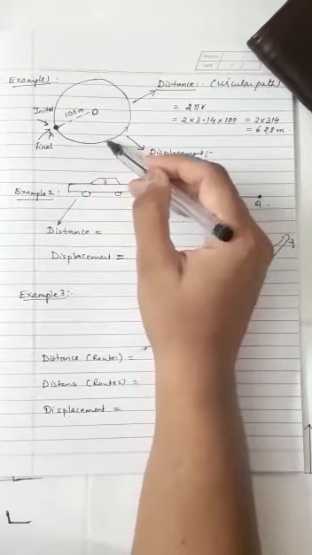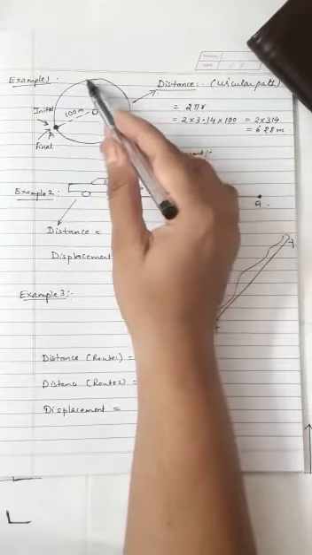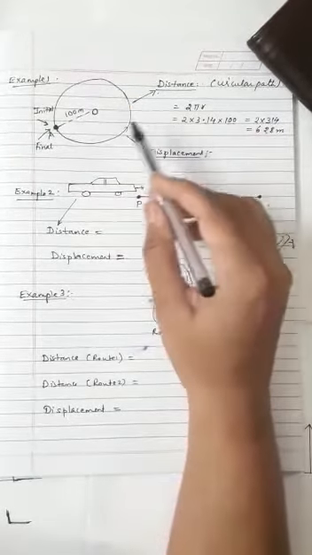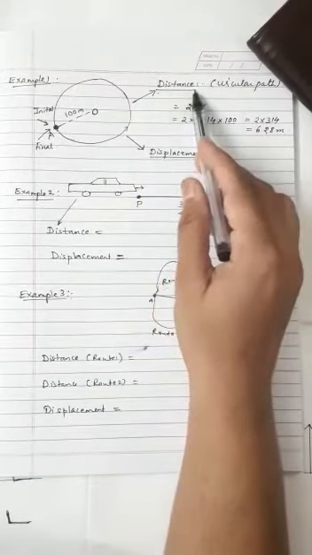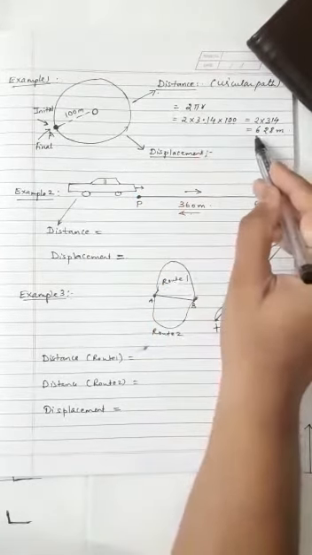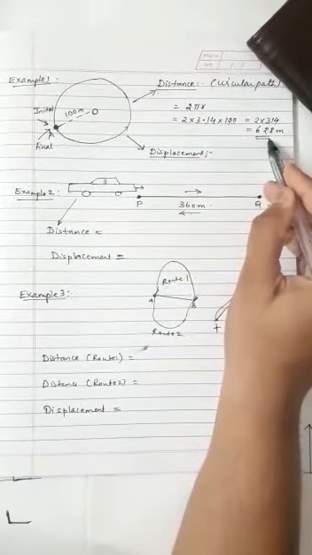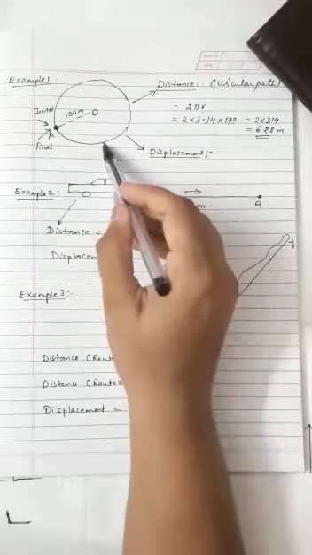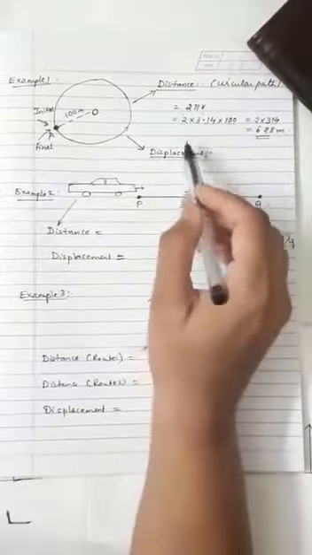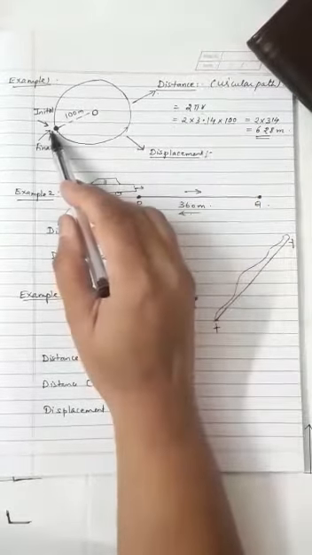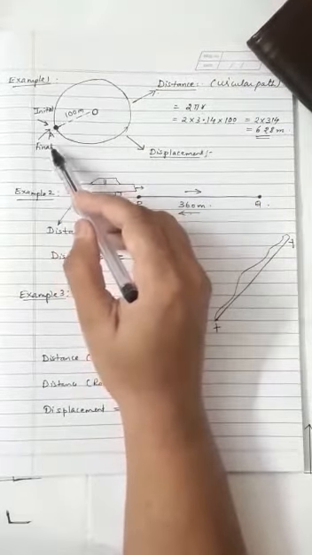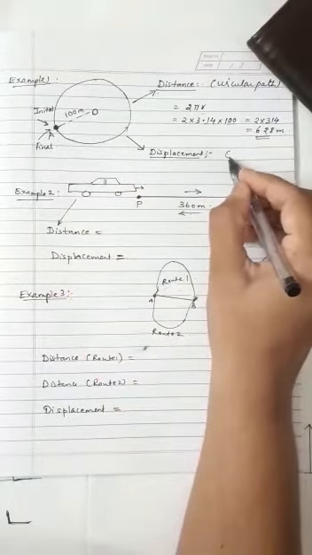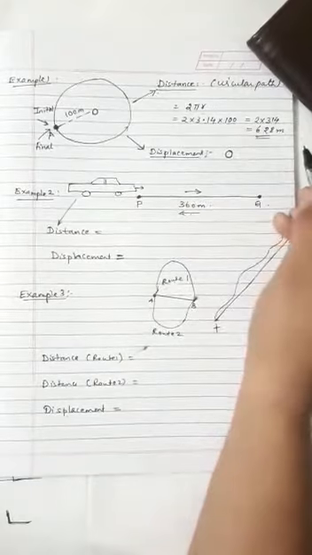So this is actually the circumference of the circular field, which is given by 2 pi r. And for this example, if I am asked to calculate distance, I get distance as 628 meters. But for the same example, if I am asked to calculate displacement, my initial point is A and my final point is also A. So in this example, displacement is equal to 0.